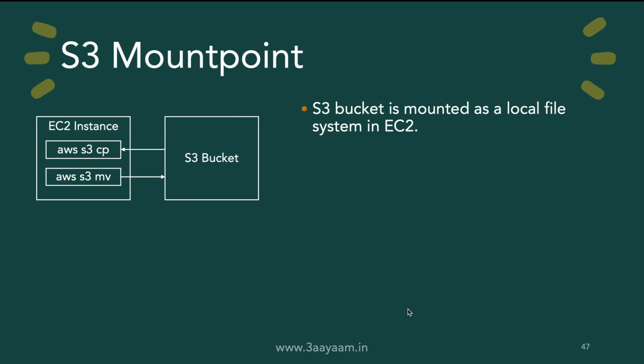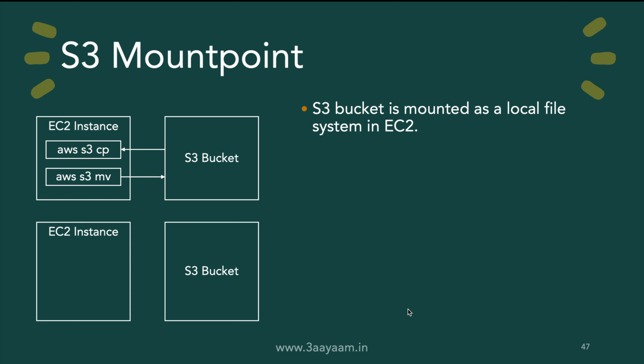Now, instead of that, if you use S3 Mountpoint, the bucket is mounted as a local file system in EC2. So we have the EC2 instance and we have the S3 bucket. This S3 bucket will be mounted as a local file system in the EC2 instance. This is basically a software, and it connects the local file system mount with the S3 bucket behind the scenes.